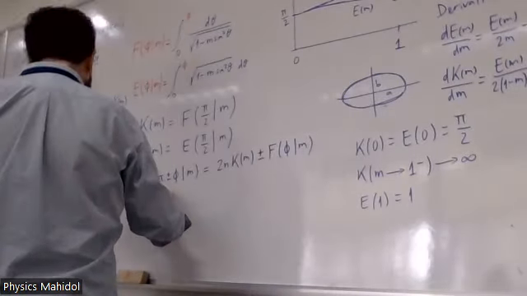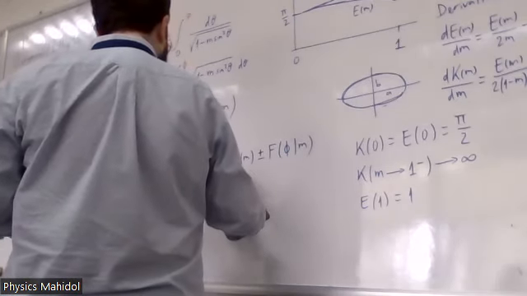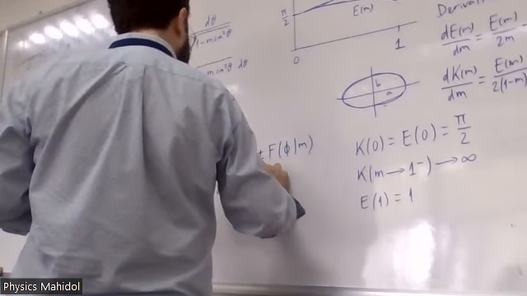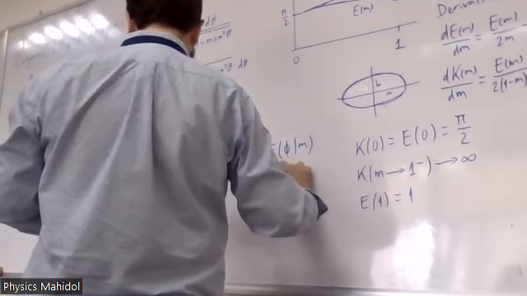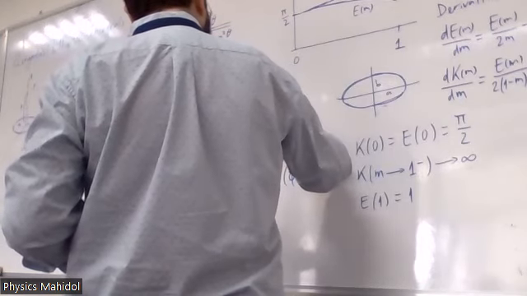Let me give you the expression for E. E of n times pi plus or minus phi, for some value of n, is equal to 2 times n times E of n plus or minus E of phi. So here n is any integer.